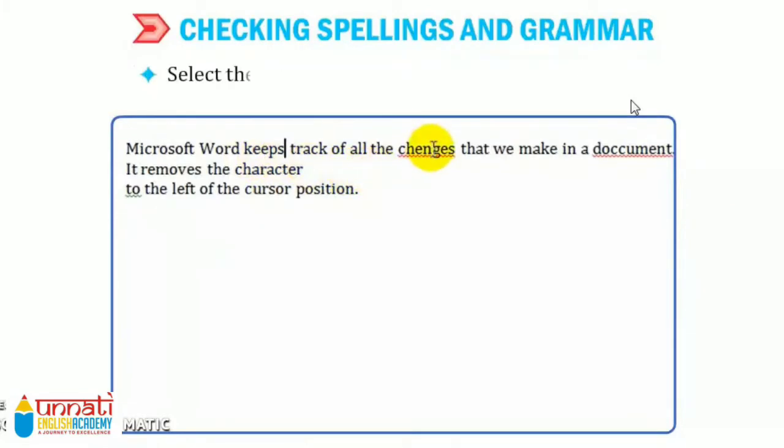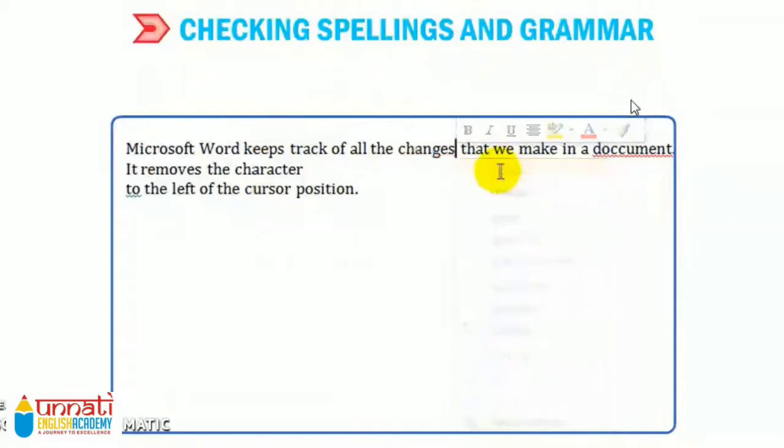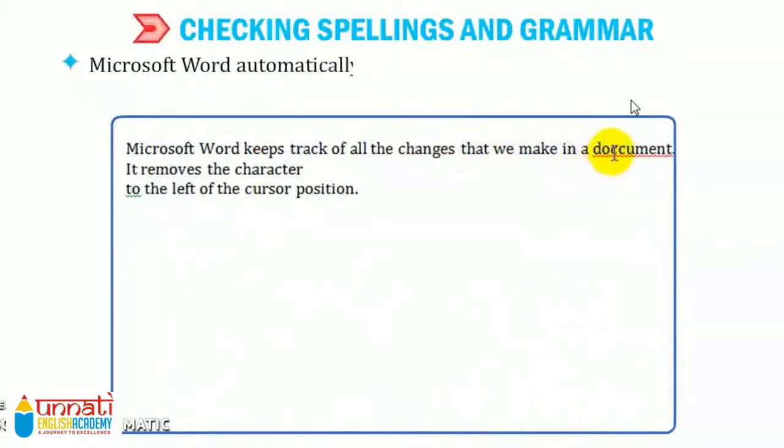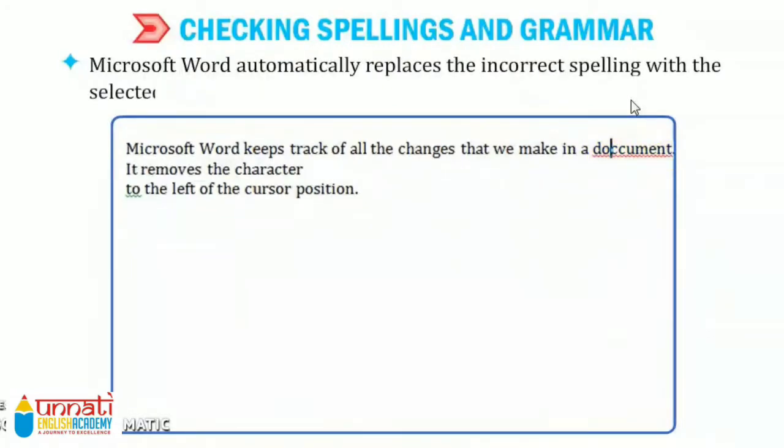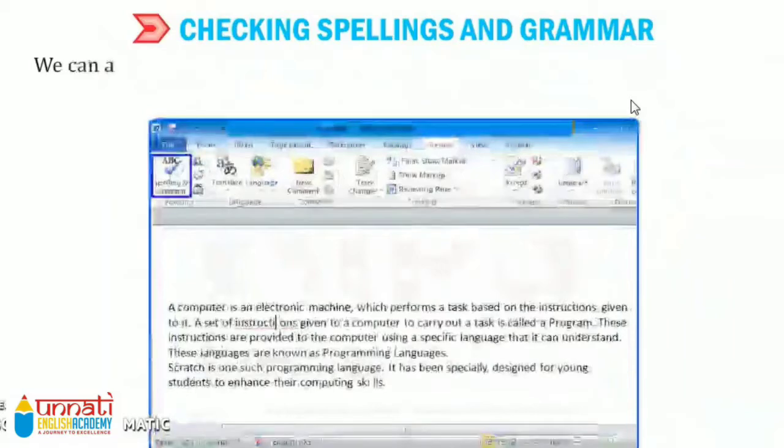Select the correct spelling from the suggestions list. Microsoft Word automatically replaces the incorrect spelling with the selected option. Okay, so this way you can check for the spelling suggestions.